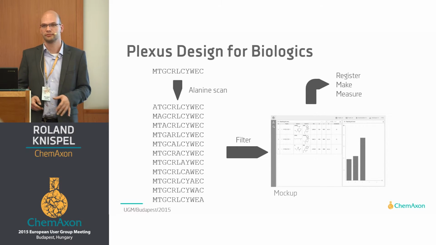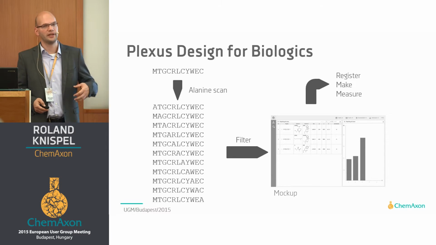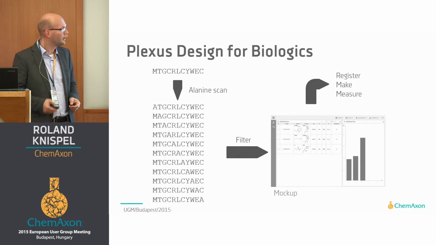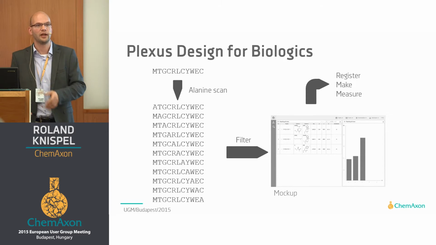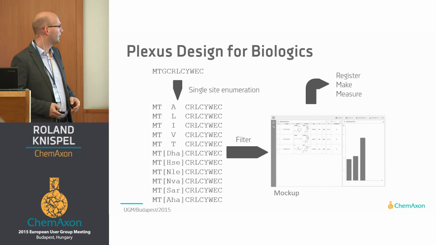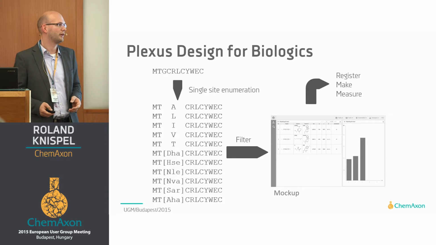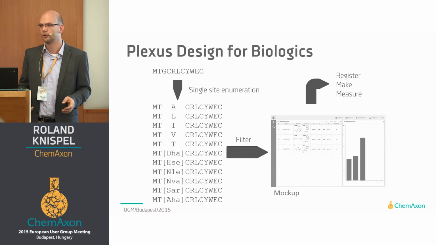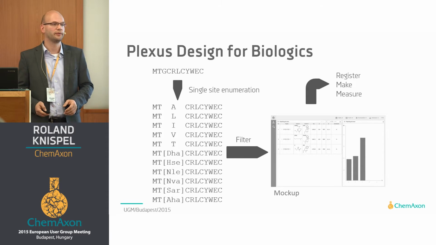Another thing which you might want to do is related to structure activity analysis that can feed your design of certain biological sequences. Small peptides, for example, it's a quick way to enumerate, say, an alanine scan in order to identify hotspots for activity. And then in the second step, once you've found that the third residue of that peptide is actually triggering a cliff in the activity profile, you're going to replace this by a number of natural and unnatural residues which you think are suitable replacements in order to trigger a change in its activity profile.